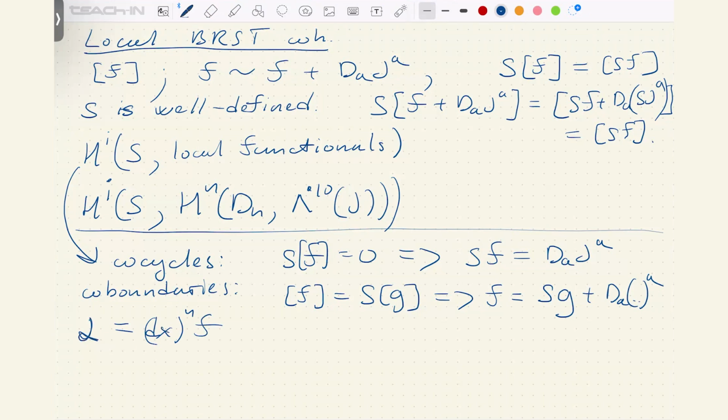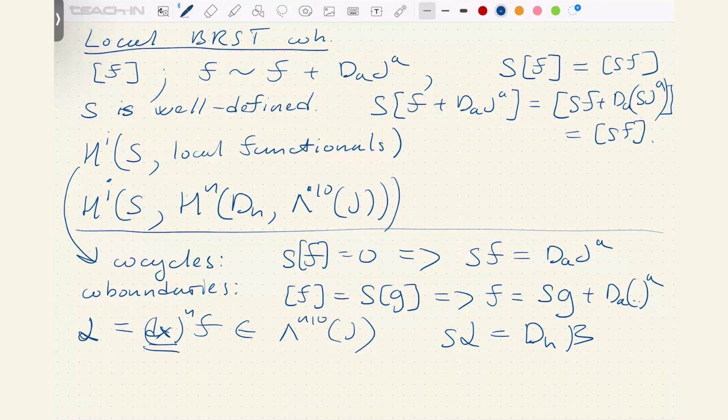The language of differential forms is preferable because we don't need to think about coordinates on space-time and explicitly separate the volume form, and we can directly integrate these objects. So alpha is an element of the top horizontal forms on our jet space, and we say that S acting on alpha should be a total derivative, which in terms of differential forms means that it is d_H acting on some beta.